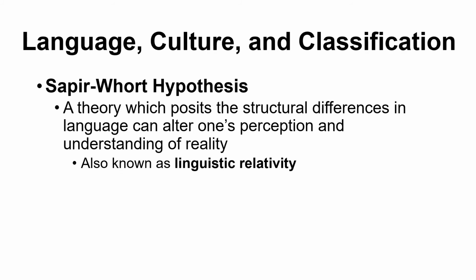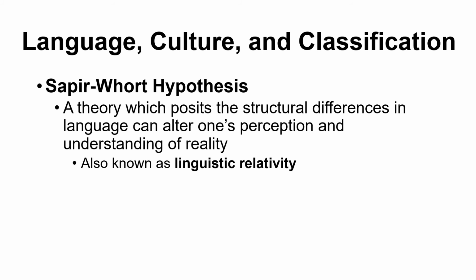Now we get to start talking about some of the really cool ideas. So we're going to look at how there might be a connection between language and culture and how we classify different items. So this is going to be the Sapir-Whorf hypothesis. This is a theory that says that the structural differences in a language can alter one's perception and understanding of reality.